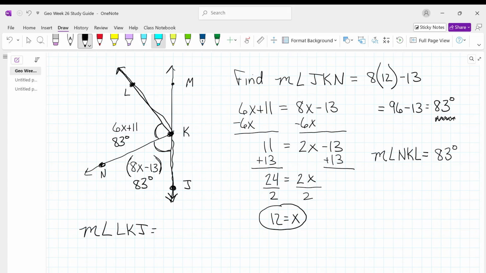Very good. You take 83 times 2, or you add 83 to 83. So that's 166 degrees. All right, so that's how you use angle bisectors to find angle measures in this section.